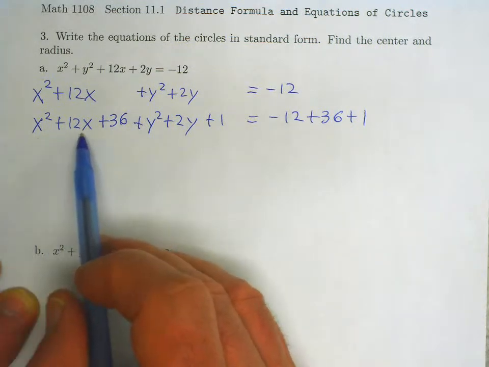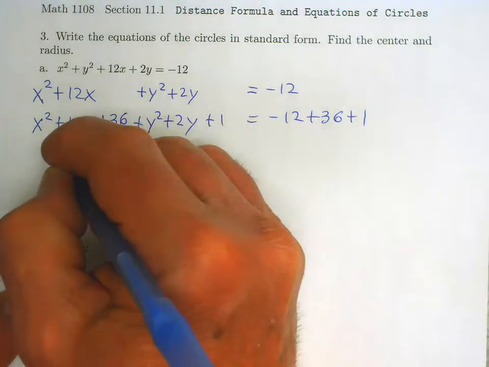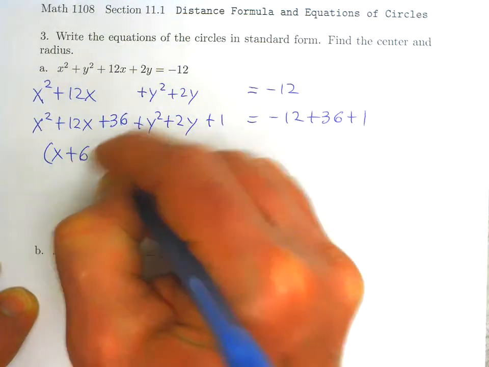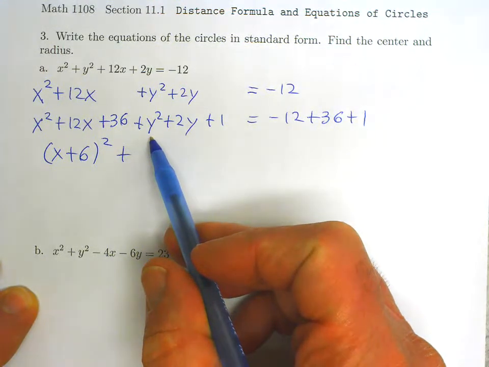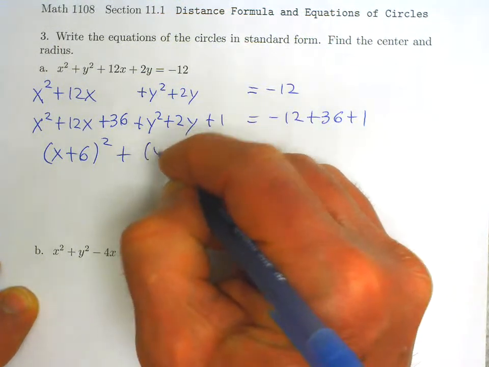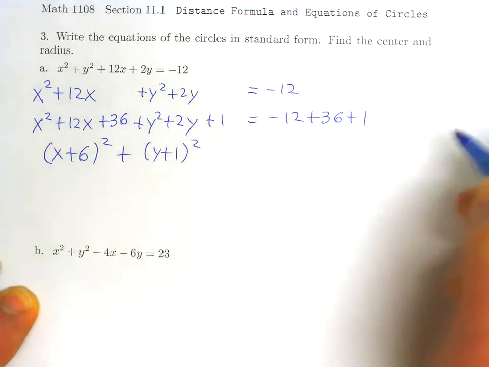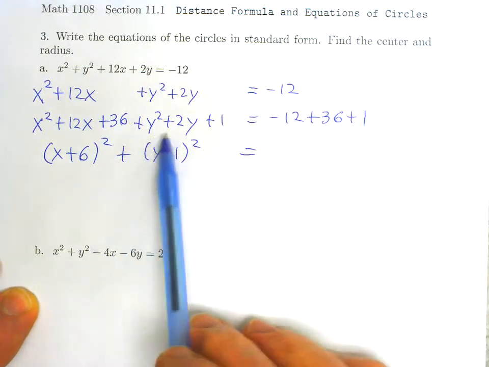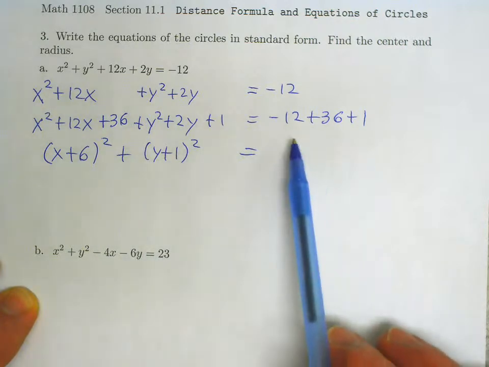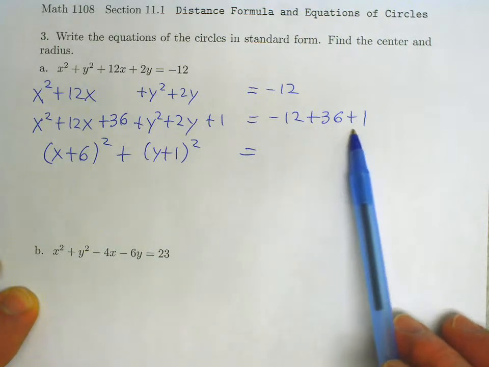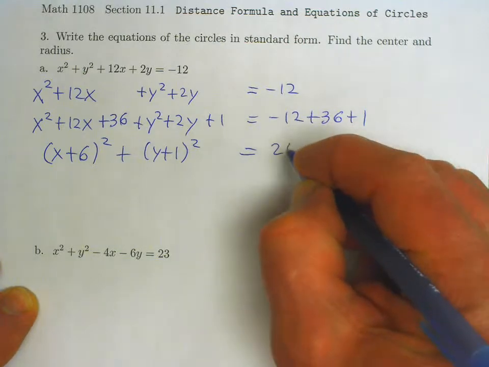X squared plus 12x plus 36 is the binomial x plus 6 squared. And we add that to y plus 1 squared, because when you factor y squared plus 2y plus 1, you get y plus 1 squared. And then on the right-hand side, negative 12 plus 36 plus 1 simplifies to 25.